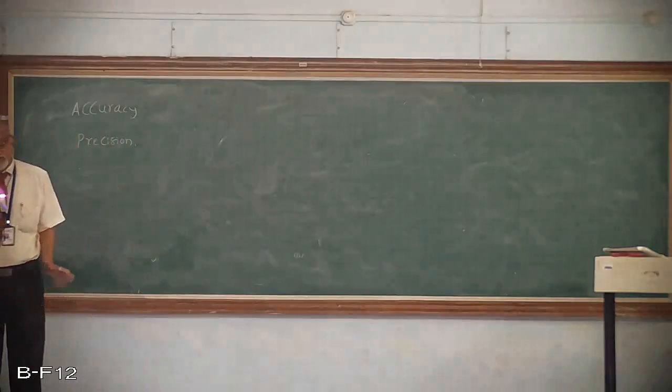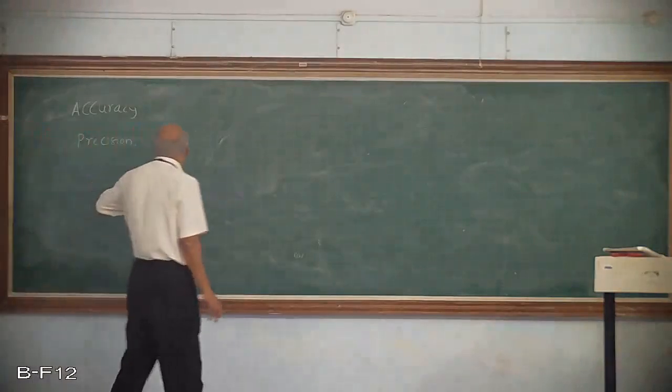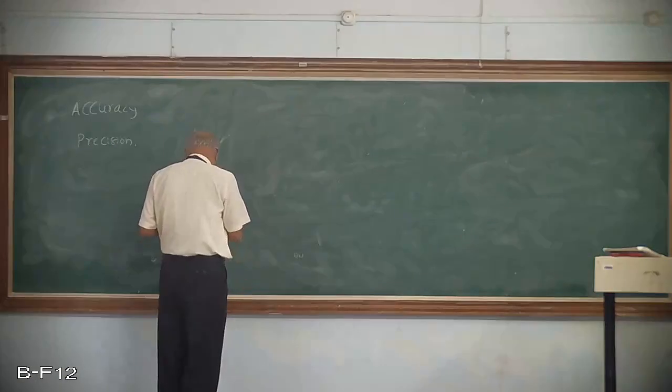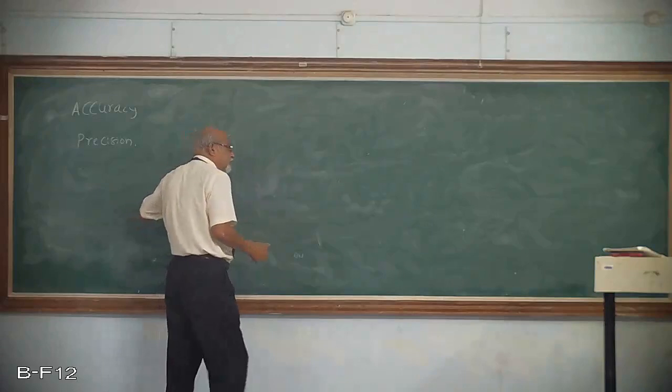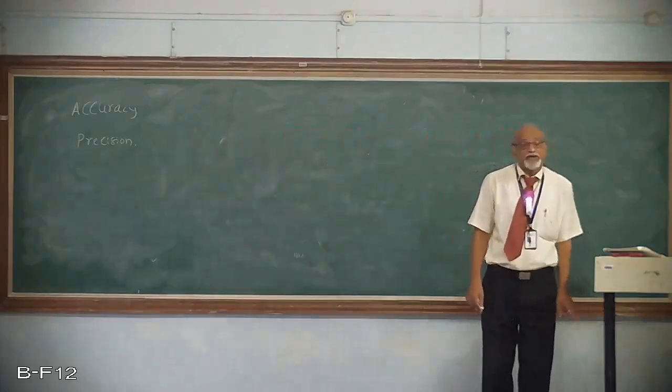You think that both are the same, but actually both are not the same. Then what is meant by accuracy and what is meant by precision? That needs to be understood.